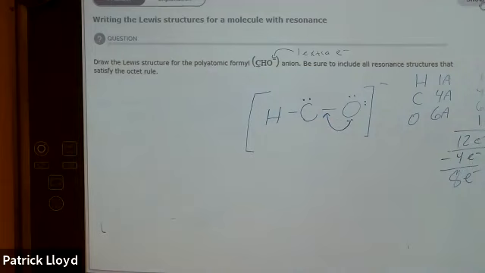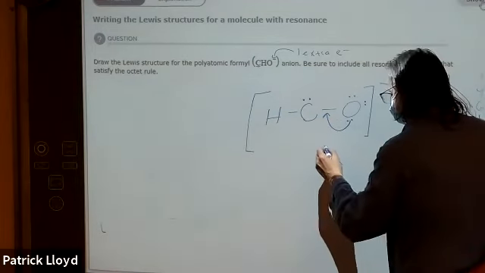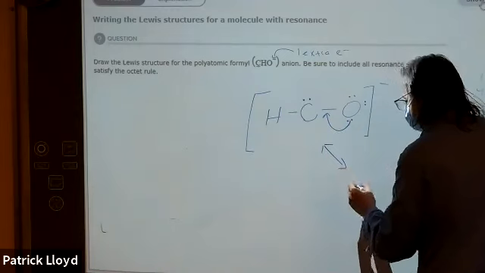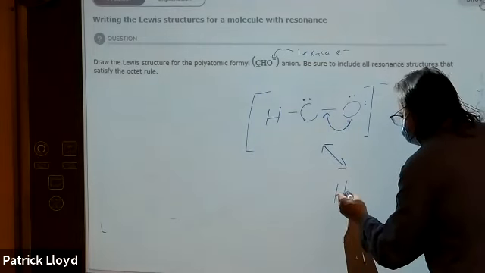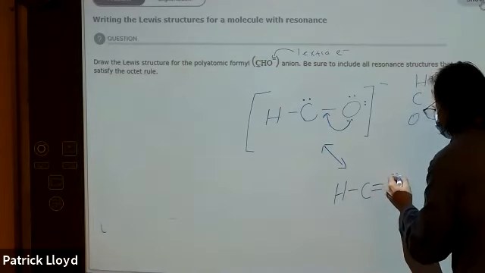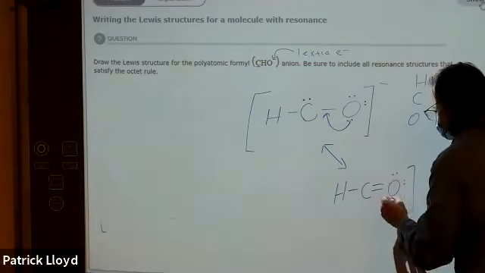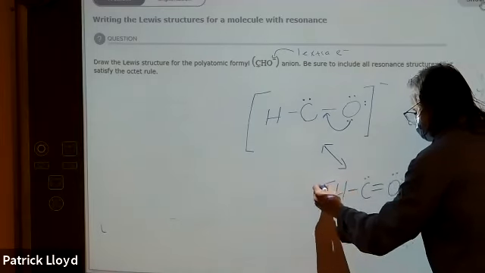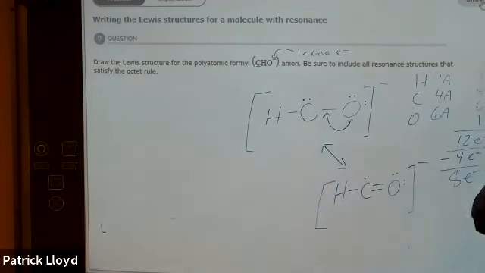So there's one possibility. And now we would have a double bond. Okay, so there's one possible structure, octet rule.